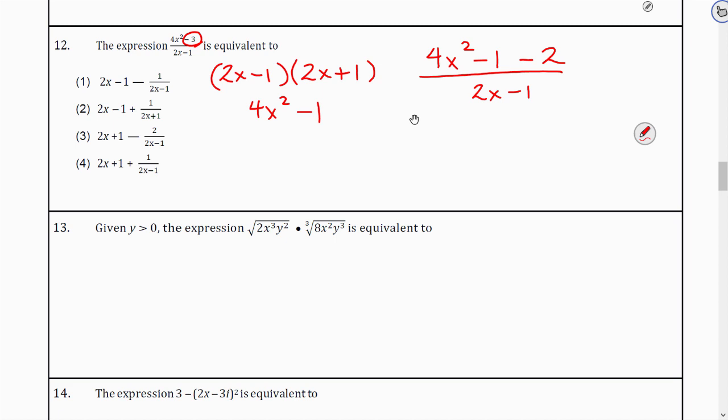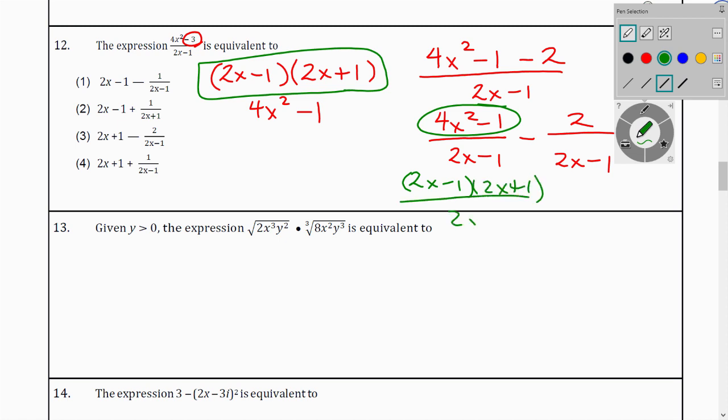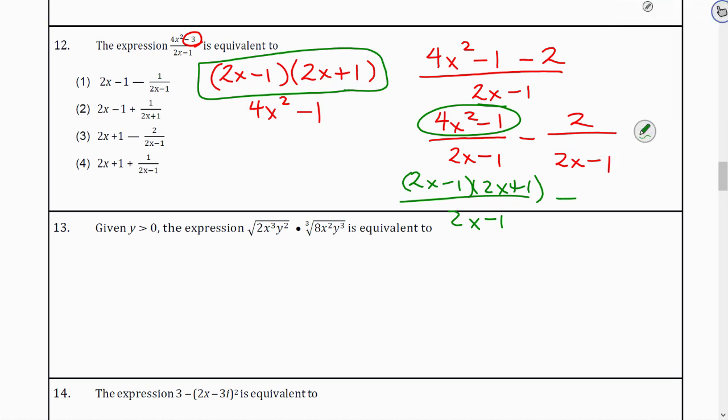Now if I separate that into two fractions, as (4x squared minus 1) over (2x minus 1) minus 2 over (2x minus 1), I can rewrite this part using this version: (2x minus 1)(2x plus 1) divided by (2x minus 1), minus 2 over (2x minus 1).